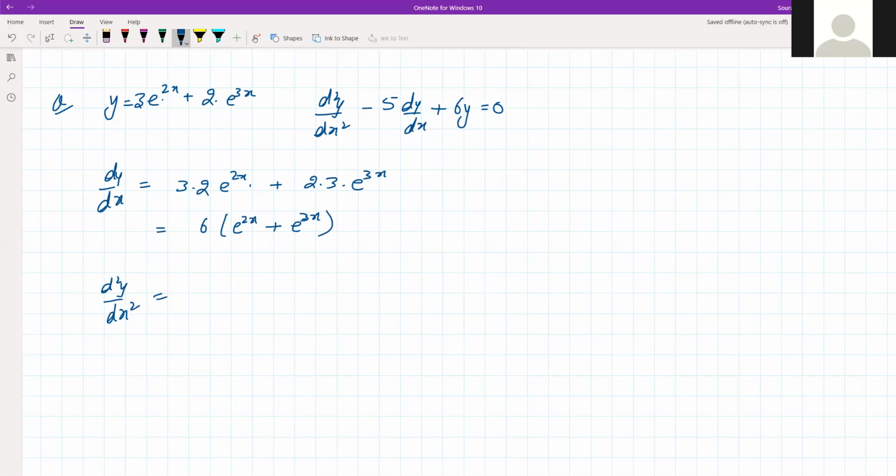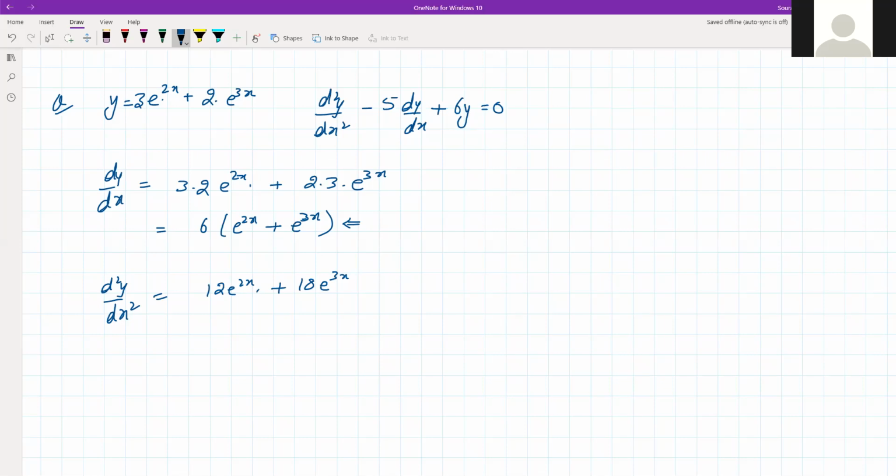Whenever we have to find the second order derivative or third order derivative, we try to keep this in the simplest form so that finding derivatives is easier. So what is this? This is 12 into e to the power 2x, right? The differentiation of e to the power 2x will be e to the power 2x into 2, plus 18 e to the power 3x, that is d square y by dx square.